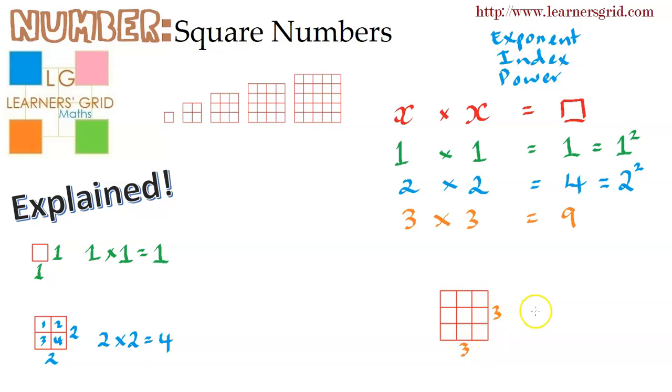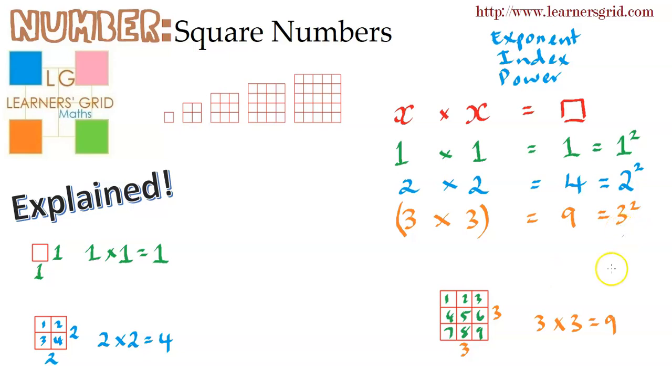And so what that means is 3 times 3 equals 9. And that should mean we've got 9 squares in total. 1, 2, 3, 4, 5, 6, 7, 8, 9. So we now know that 3 times 3 equals 9. And another way to represent the 3 by 3 part is to say 3 squared.